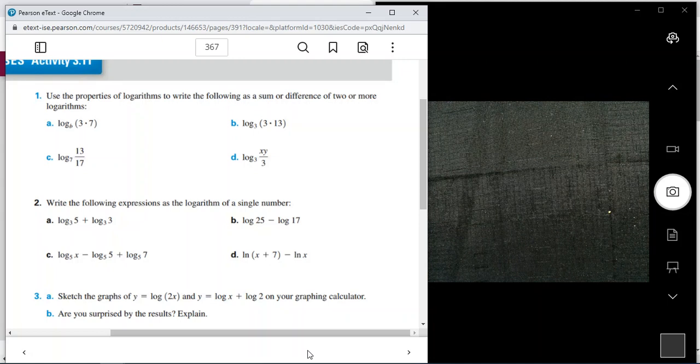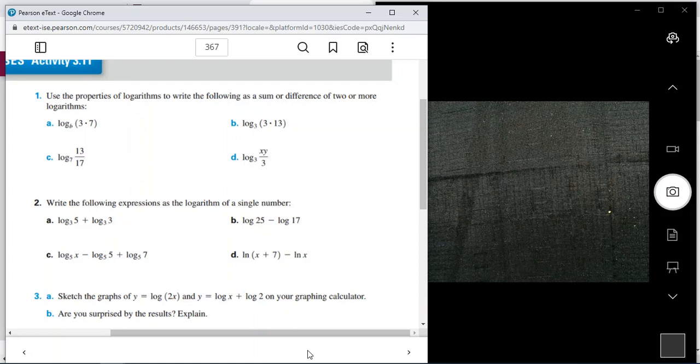Now since we're supposed to do 1 through 9 odd, that's only 5 problems. So I'm going to do 3 of the 5. I know 3 you could try on your own.